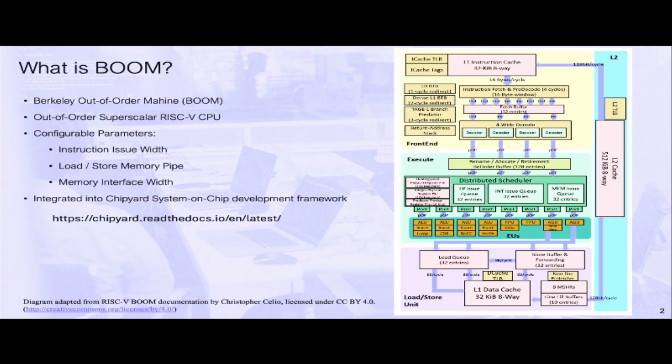What sets BOOM apart is its customizability. You can configure architectural parameters like the instruction issue width and memory interface width, making it suitable for a wide range of workloads, from research platforms to FPGA prototypes and even full ASIC tapeouts.